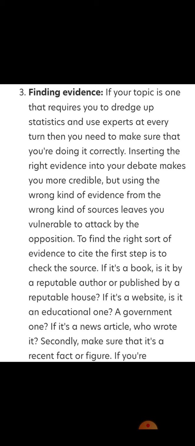Otherwise, the adjudicator and the audience sitting in front of you are not fools, because they are more senior than you, and they might know the exact fact which you are presenting wrongly. So please be very careful.